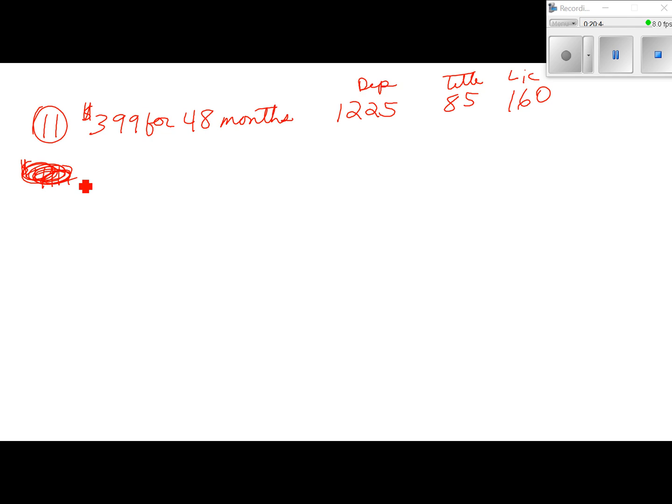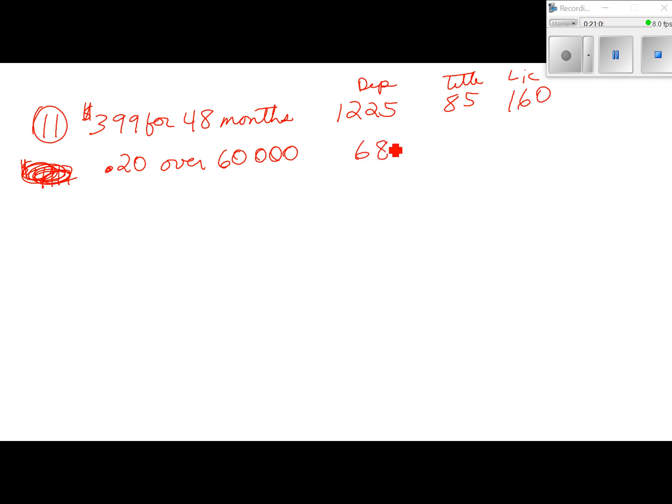The lease stipulates 20 cents per mile charge for miles more than 60,000. So they're going to charge him 20 cents for anything over 60,000 miles. If he drives the vehicle 68,515 miles, what is the total cost of the lease?